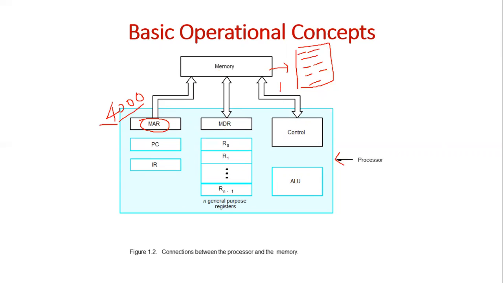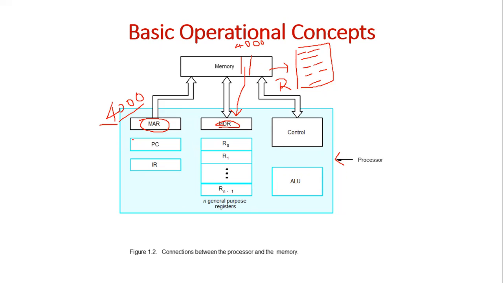If the control signal is read and the memory address register contains 4000, it means read the value from the address 4000 and store it in the MDR, the memory data register. Whatever data or instruction is available in the location 4000 in the memory will be moved into the MDR, the memory data register.